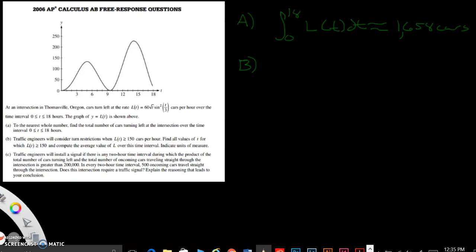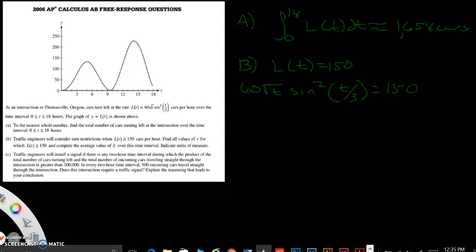So now you have to set L of t to 150. You're going to get your TI Inspire or TI-89 and type in 60 root t, you could use x, sine squared t divided by 3, and use the solve button equals 150.